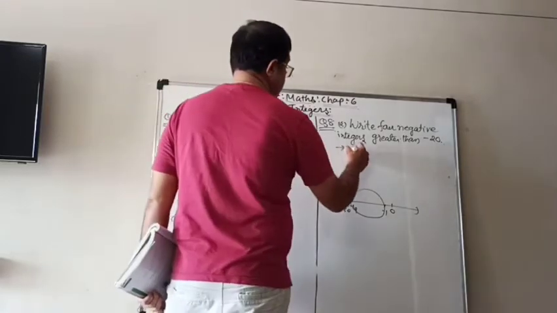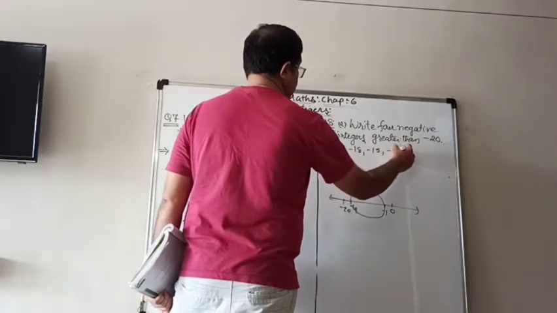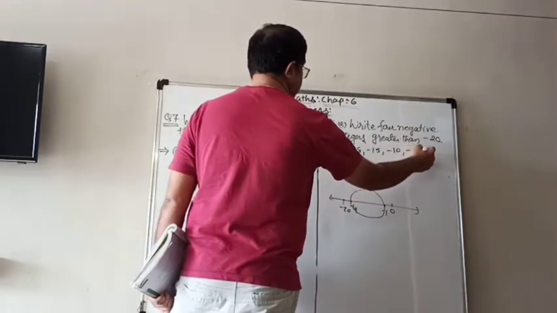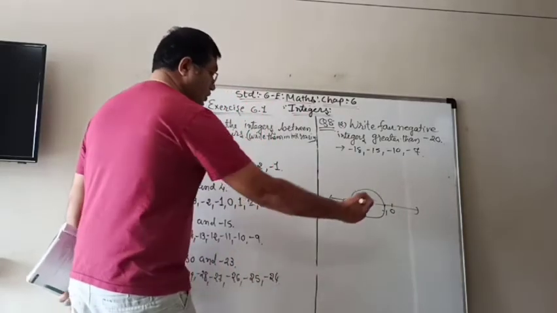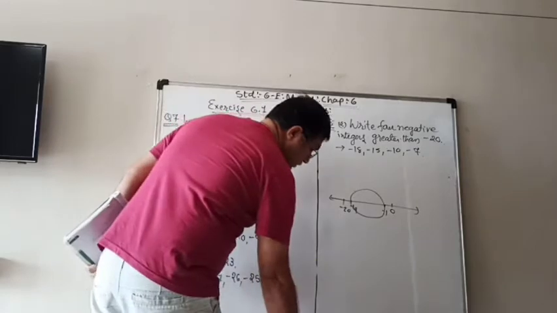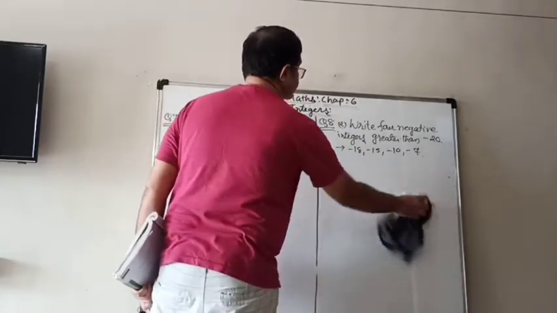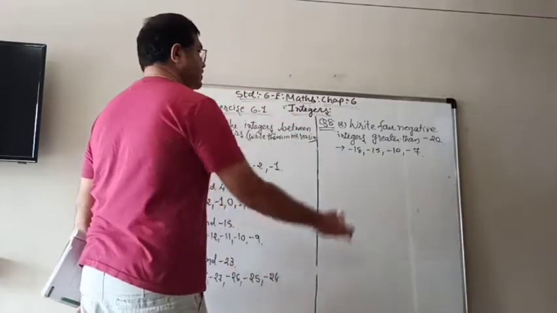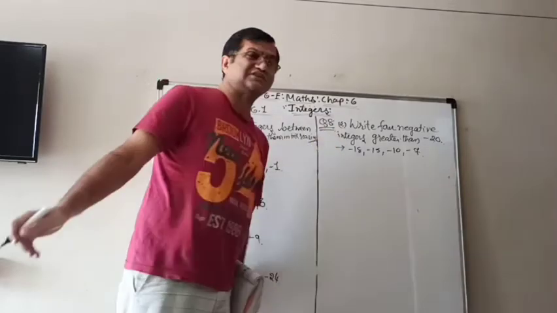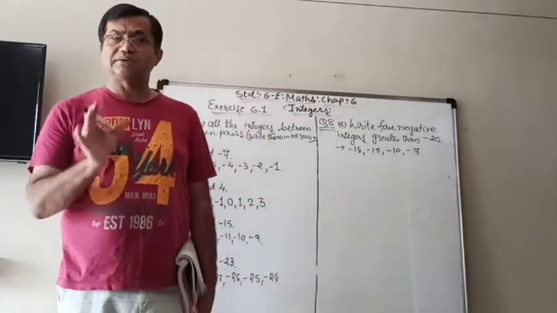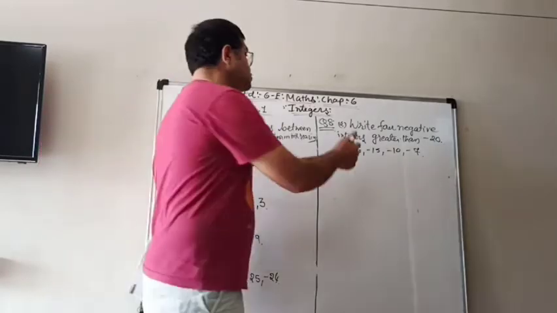So you can write down minus 18, minus 15, minus 10, minus 7. Any 4 but negative only. So you can choose your own numbers also. It's not necessary that you write the numbers I wrote, but they should be greater than minus 20.